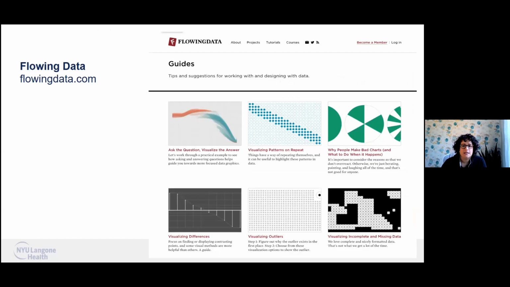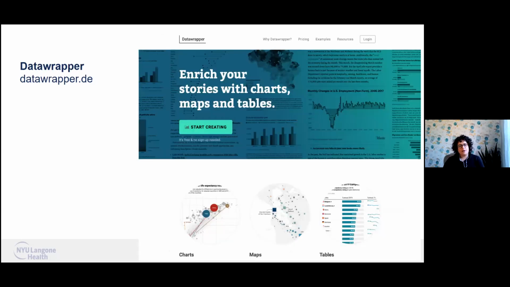Flowing Data is another fun resource with some blog and data visualization guides, some courses that you can take, and resources run by Nathan Yau, a data viz expert. And then Datawrapper is another great tool that you can use, and it's software, but it's very easy to use. We use it at the dashboard for certain visualizations.